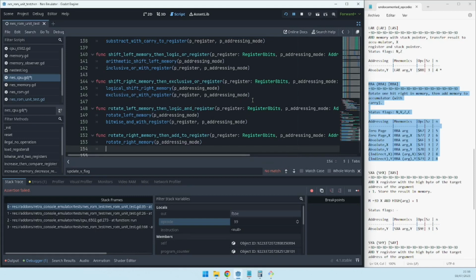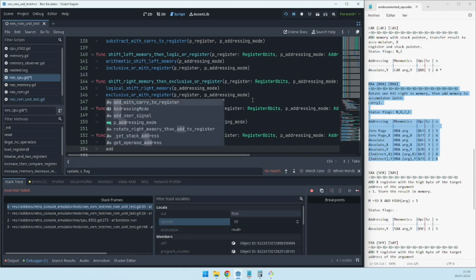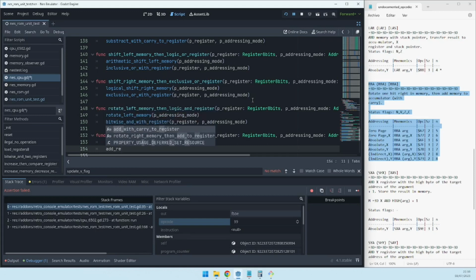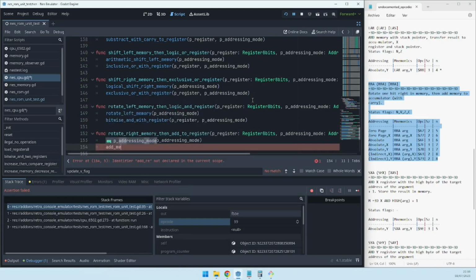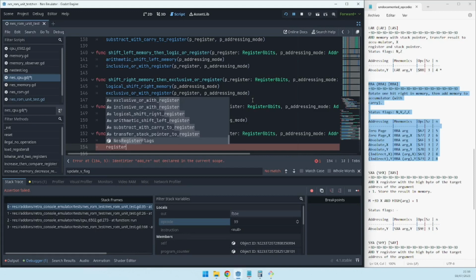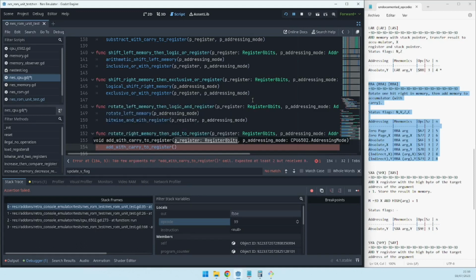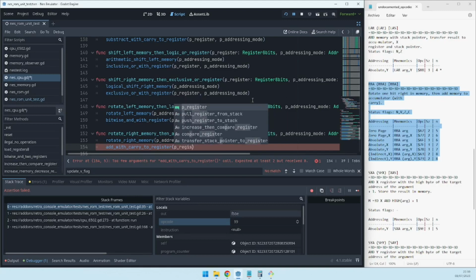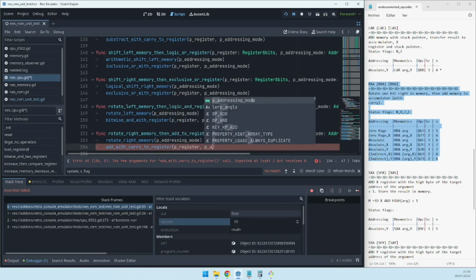What was add called? Transfer, subtract with carry, logical, inclusive or, add with carry to register. This one. Be register, and then the addressing mode.